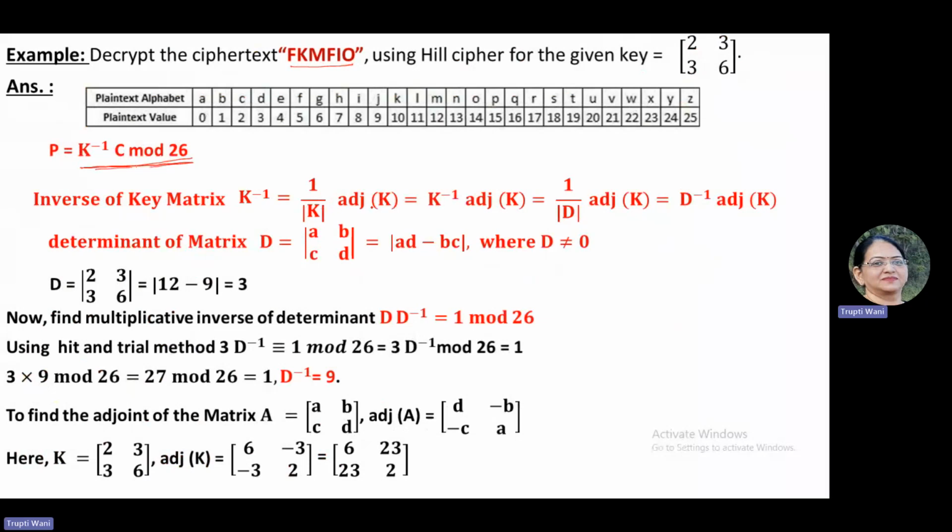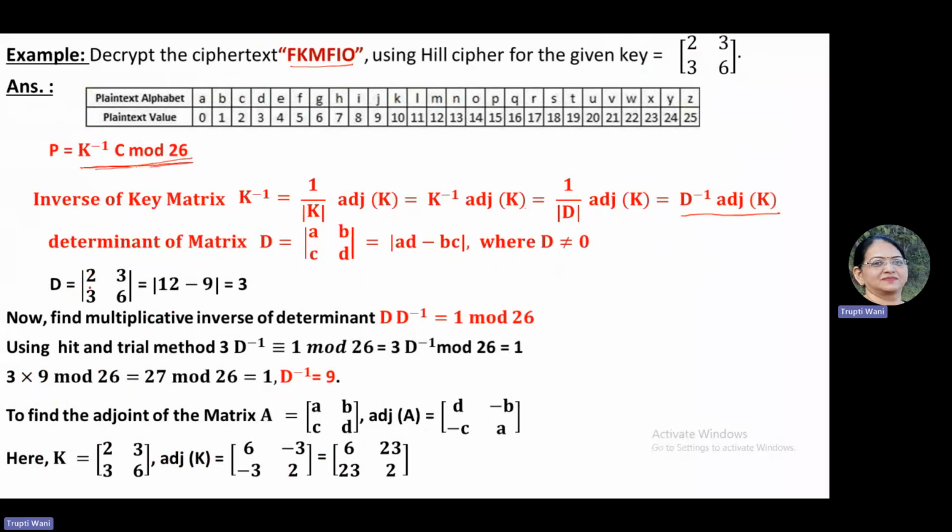So K inverse is adjoint of K divided by the determinant. This is not the matrix K inverse, this is the determinant's inverse. It is D inverse, or 1 upon D, and we can write D inverse into adjoint of K. D inverse means the inverse of the determinant. For a matrix ABCD, the determinant formula is AD minus BC.